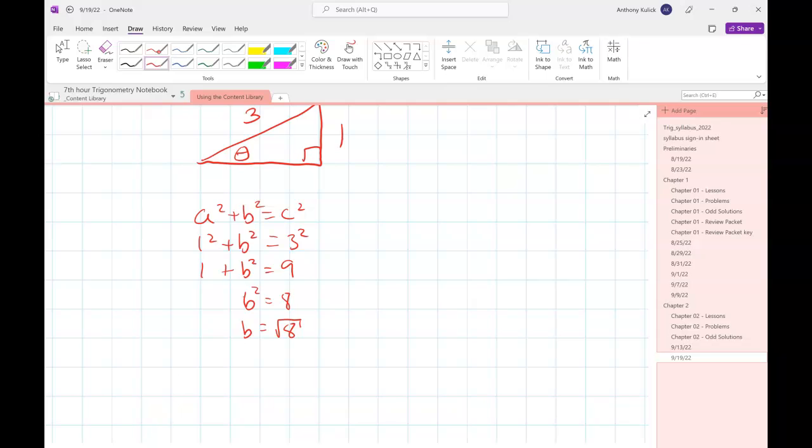The factors we want to break the 8 apart into are perfect squares. The perfect square that's also a factor of 8 is 4. So I can think about this as the square root of 4 times the square root of 2. And what's the square root of 4? Just regular old 2.